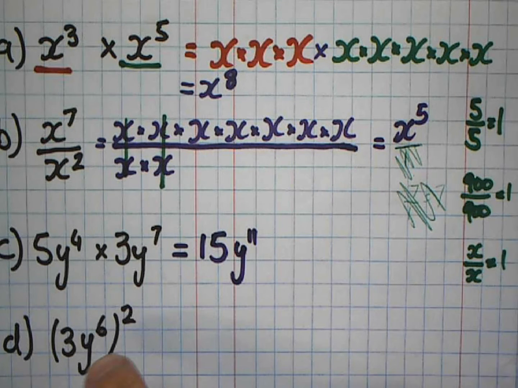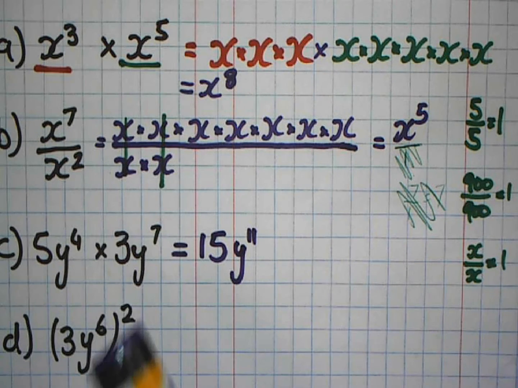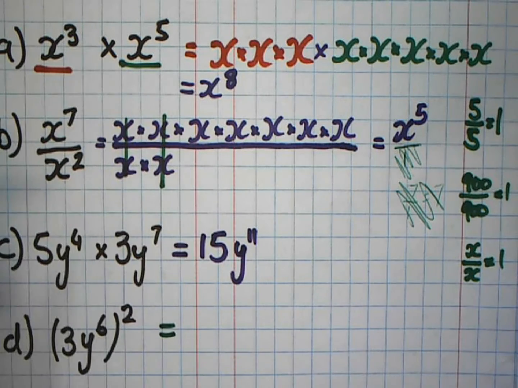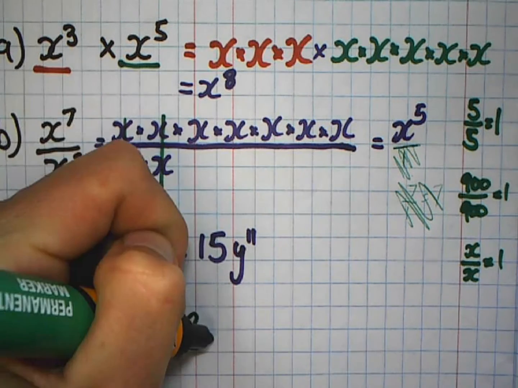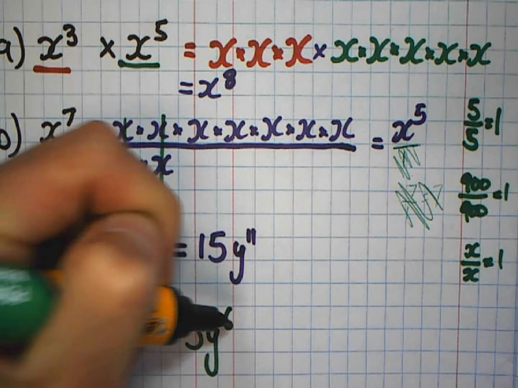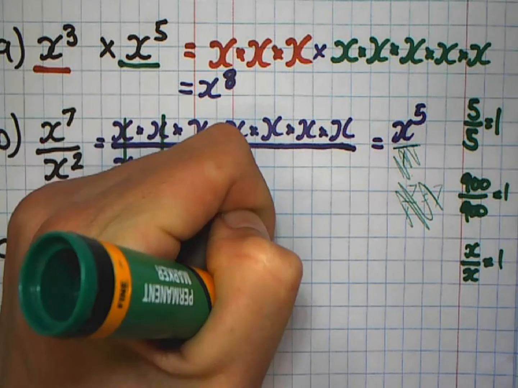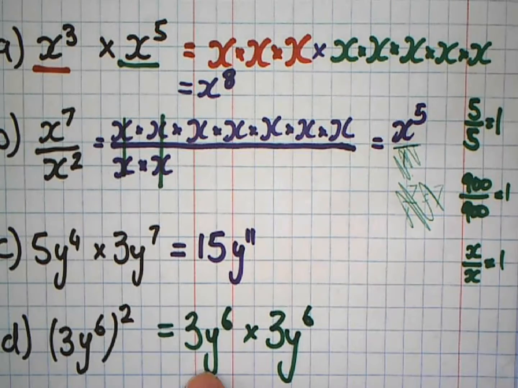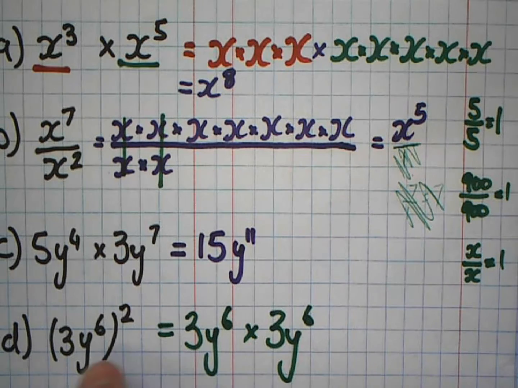Now this last one here is a little bit different, because it's a power to another power. What squared means is just times by itself, essentially. So we've got 3y to the power of 6 times 3y to the power of 6. That's an equivalent statement there. That times itself, same as squaring it.